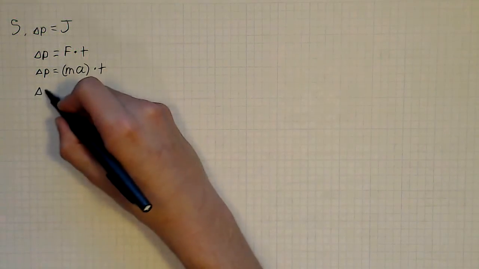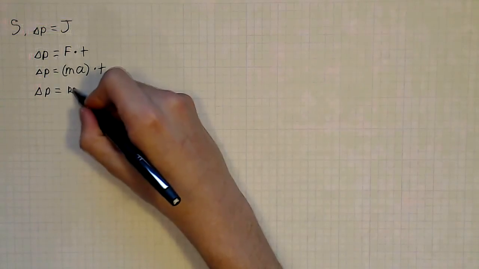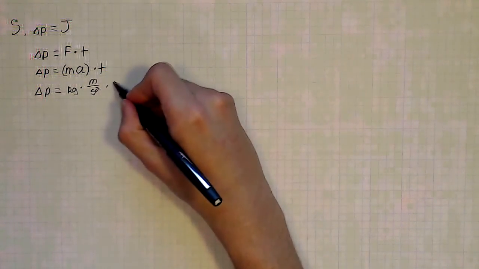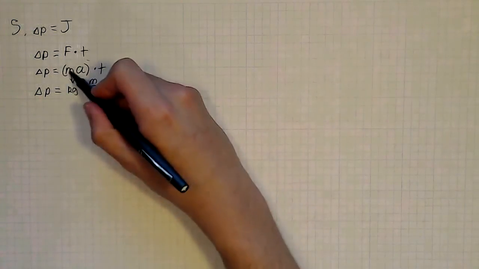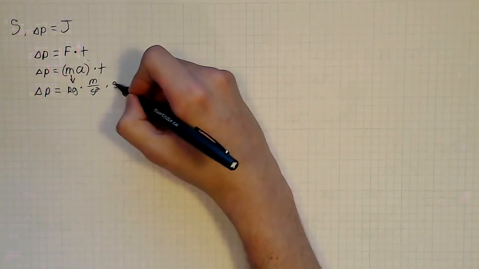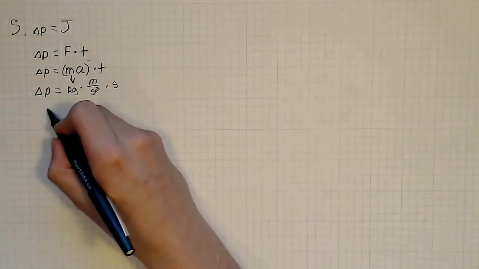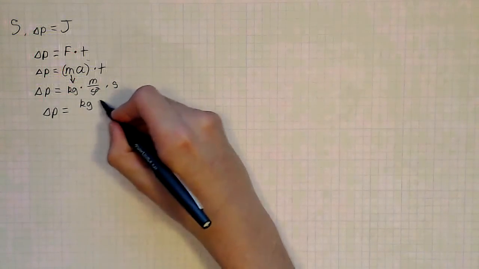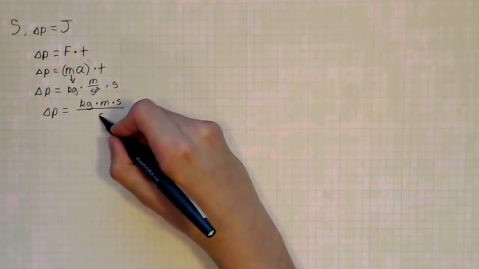So change in momentum, and now if we write out all our units, we get kilograms times meters per second squared times seconds. I just took all these variables and put in their units. The unit for mass is kilograms, the unit for acceleration is meters per second squared, and the unit for time is seconds. Let's put these all in one fraction so it's easier to see: kilograms times meters times seconds, all over seconds squared.